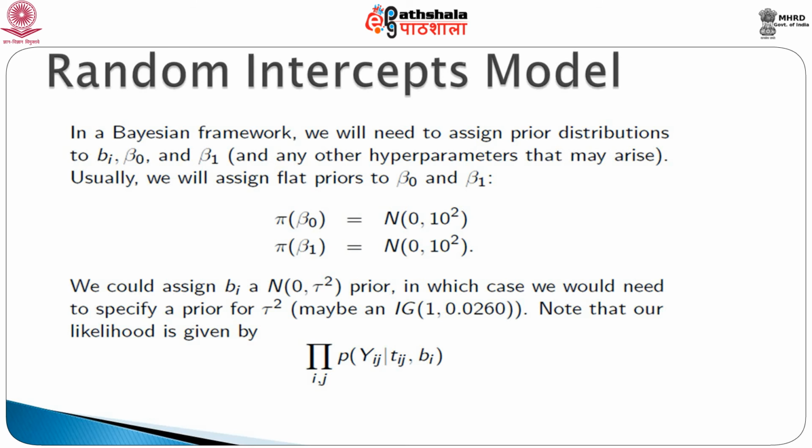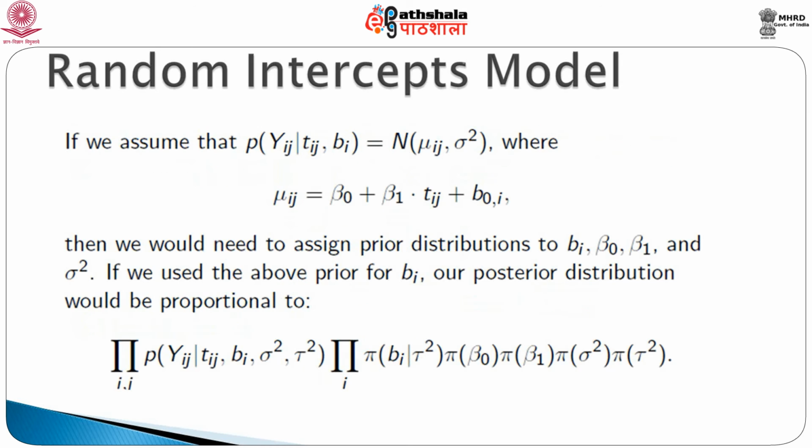Note that our likelihood is given by this: p(yij given tij, bi). If it is normal with mean mu ij and variance sigma squared, then the mean is beta naught plus beta 1 tij plus b naught i, and then we need to assign the prior distributions to bi, beta naught, beta 1 and sigma squared.